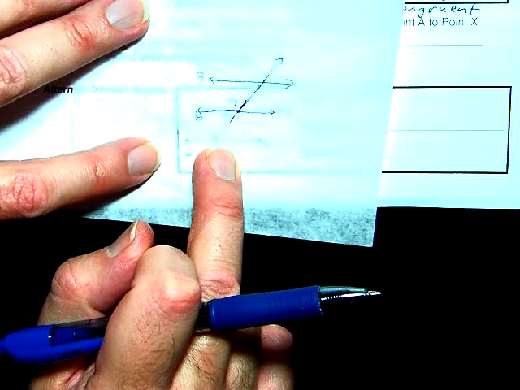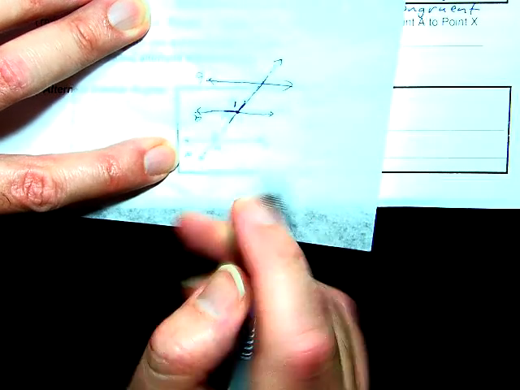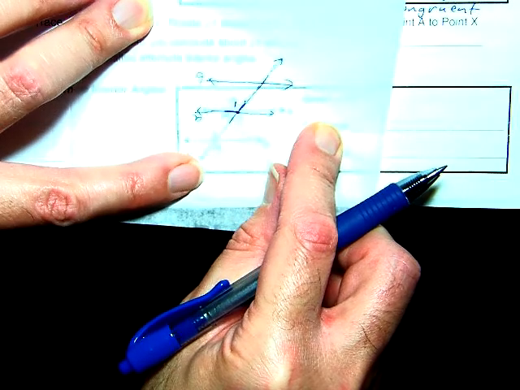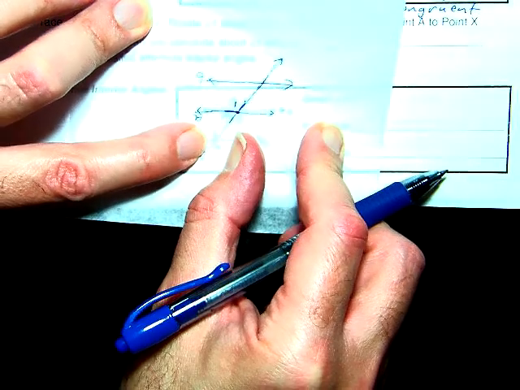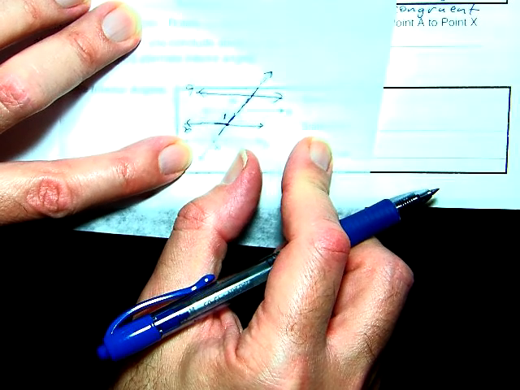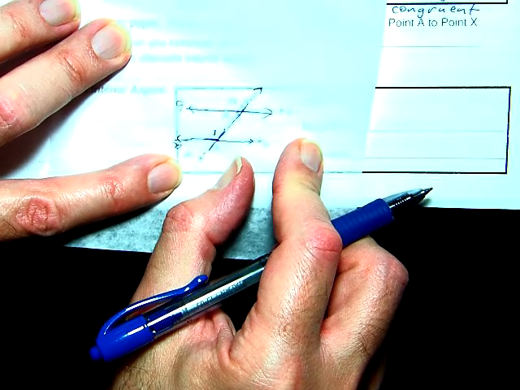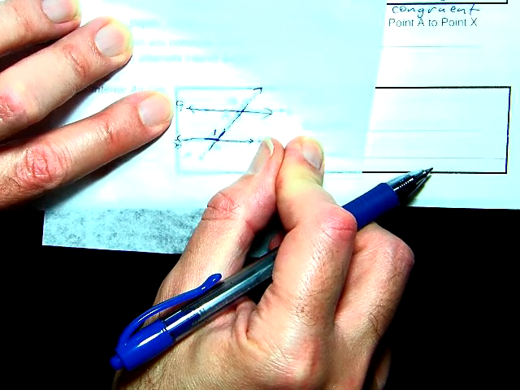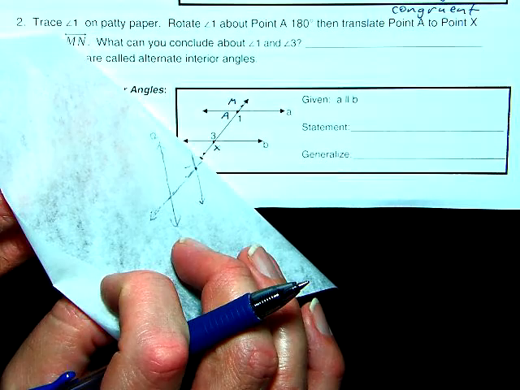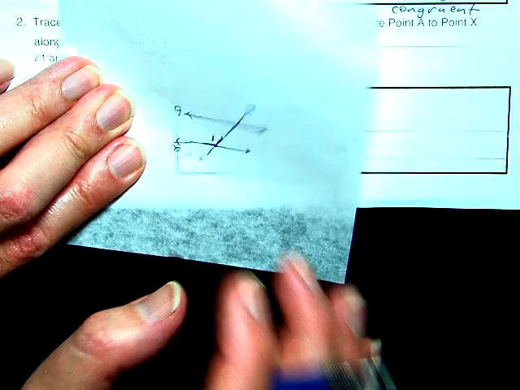Well, point X is down here. We can see it through our patty paper. If you take a really good look, maybe on yours you could see it. I can just barely see it right there. So now along the line, I am going to slide the patty paper down. And now I've got point A on top of point X. What can you conclude about angle 1 and angle 3?